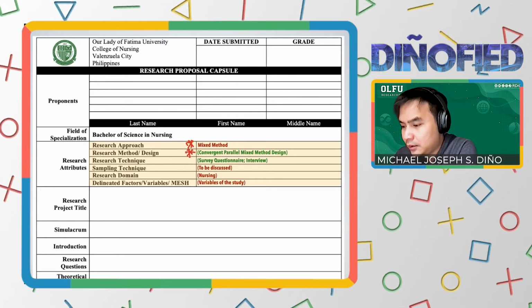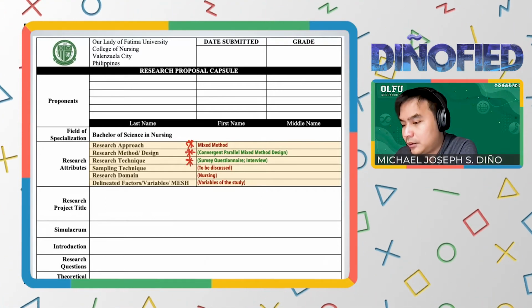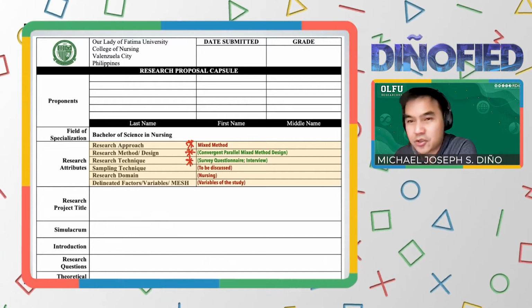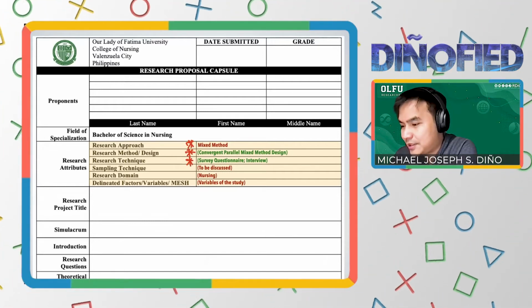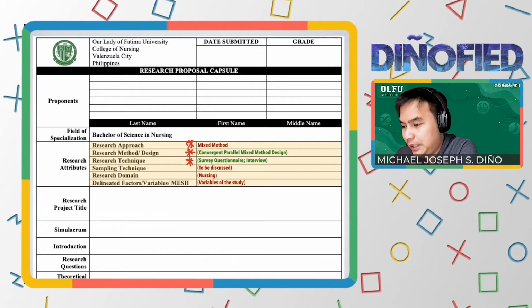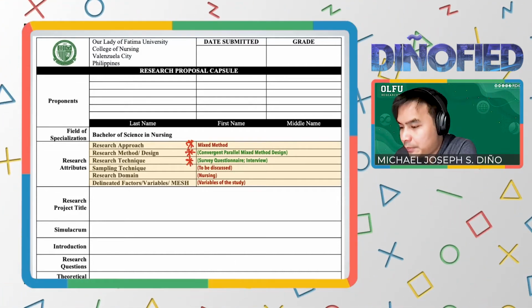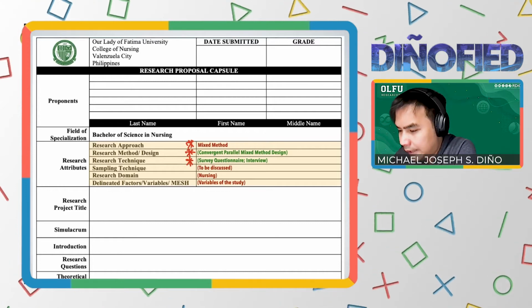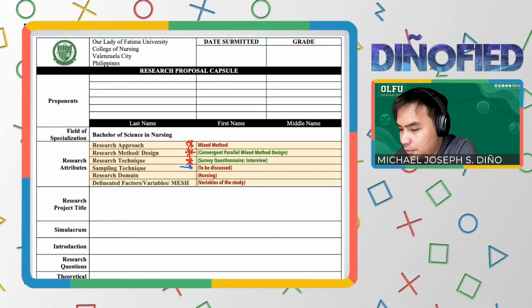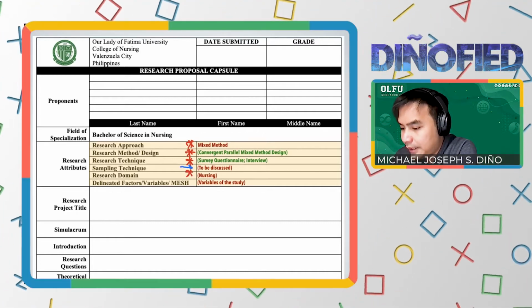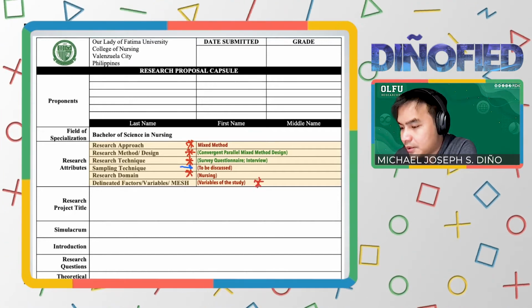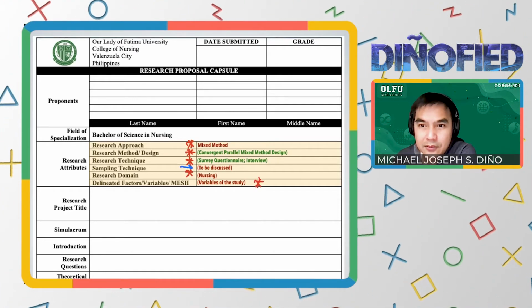Research technique, so you're going to have survey questionnaire, and of course the interview. And the sampling technique to be discussed today, research domain would be nursing, and delineated factors. So it has something to do with the variables of your current study.